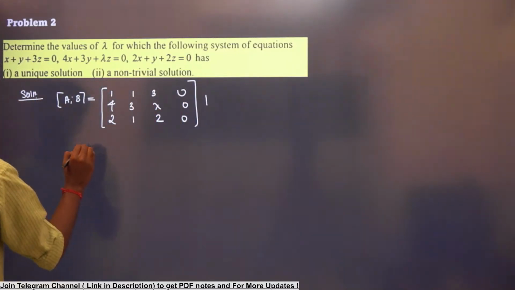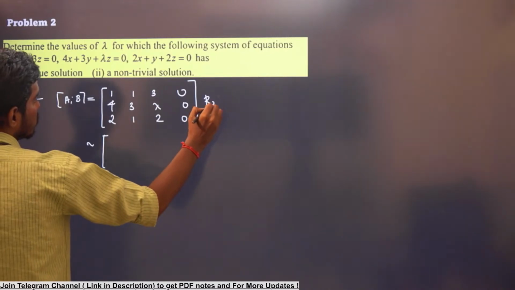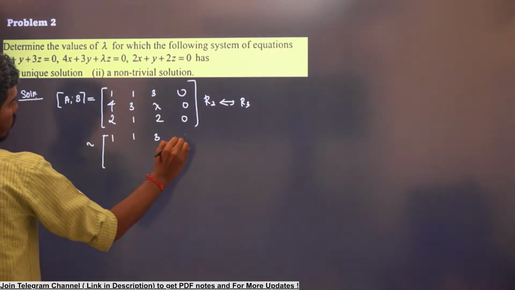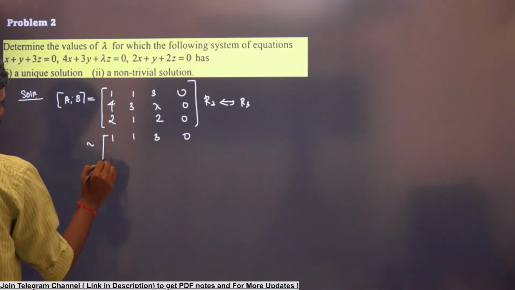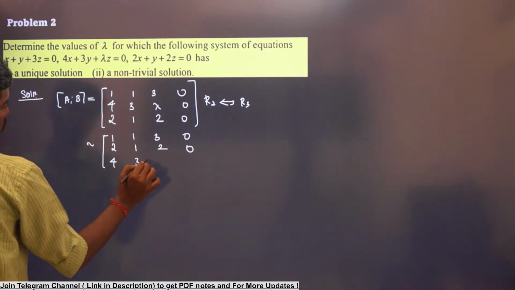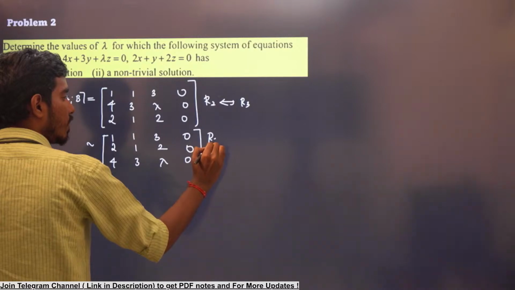I always mention that you should always keep the unknowns in the last row. So I'm just shifting R2 and R3: 1, 1, 3, 0; 2, 1, 2, 0; 4, 3, lambda, 0. Now reduce this to row echelon form.